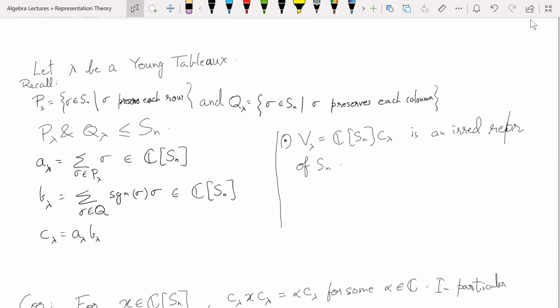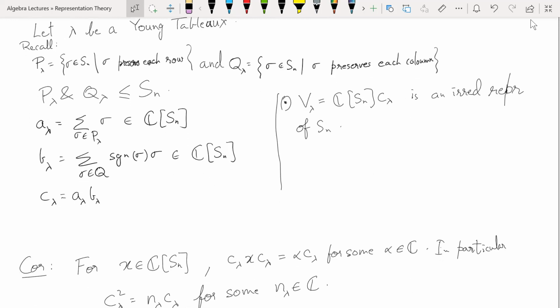And then we defined A lambda to be the element of the group ring CSn where we take the sum over all elements of P lambda, and B lambda is the sum of sign of sigma times sigma for sigma in Q lambda. And C lambda, we defined to be A lambda times B lambda.